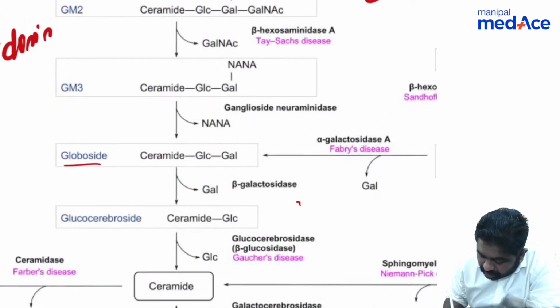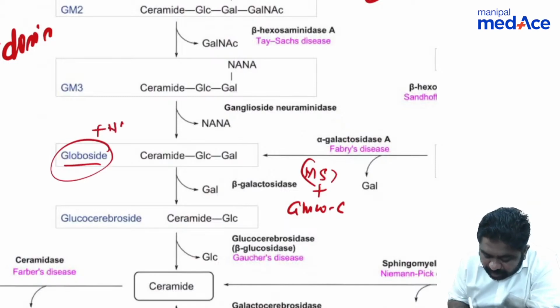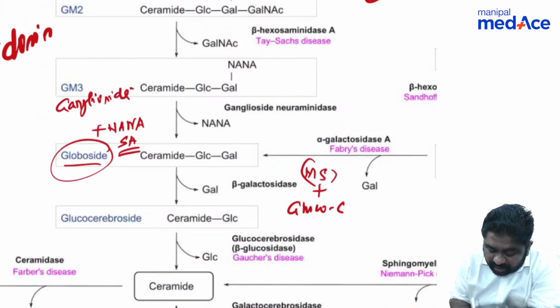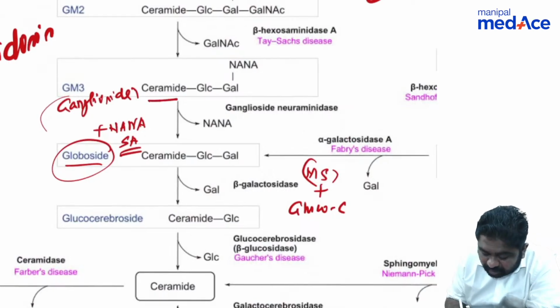We have glucocerebroside. Now one more monosaccharide makes it globoside. Globoside plus NANA, also referred to as sialic acid in this condition, can give you ganglioside. Now this ganglioside will actually be made up of ceramide, glucose, galactose, NANA.